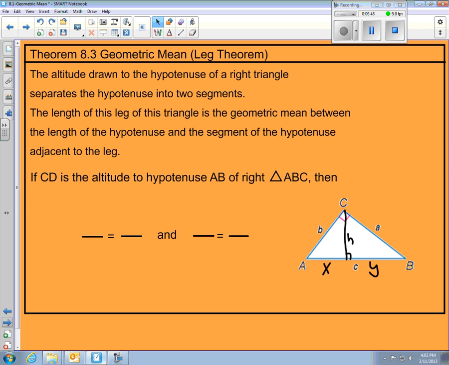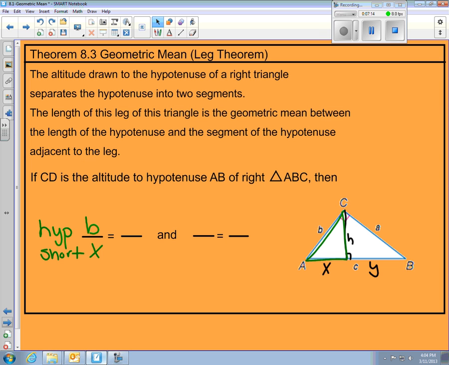All right. So we're going to be looking this time at our small and our big one. So here's our small one. Now we're going to take the hypotenuse, B. So B is my hypotenuse. And we're going to compare it to B and then our X, which is our short leg.